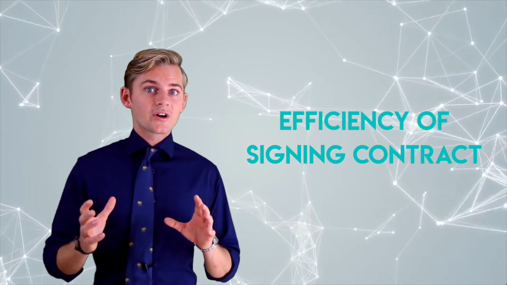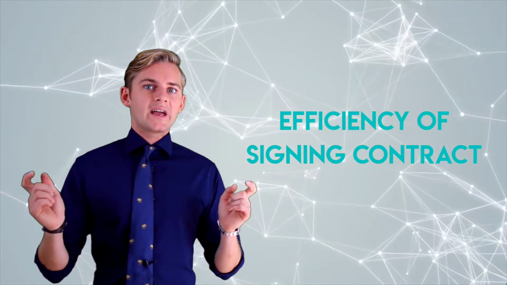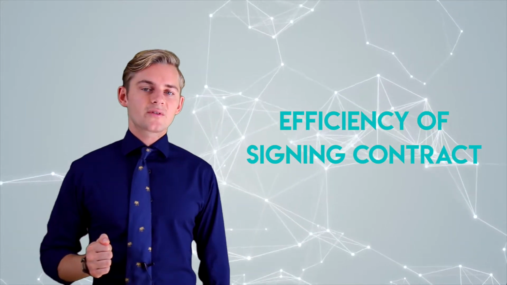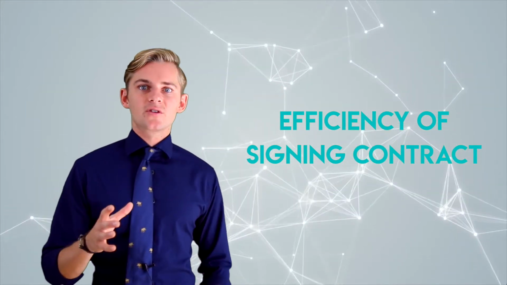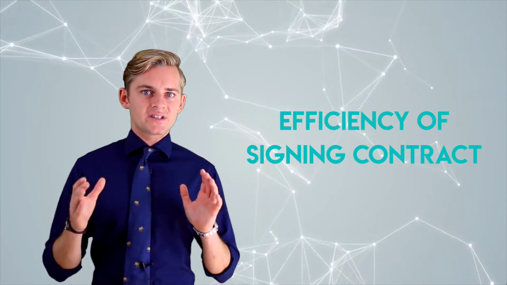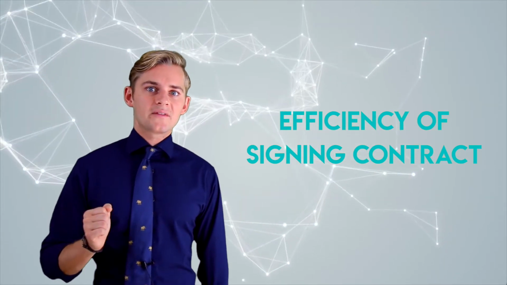However, with the blockchain and with the smart contract, you can just put it up on the blockchain, everybody goes in, signs off, and that's it. You don't need to send the physical contract around. Everybody can sign off in a very safe and efficient way. So this is one of the absolute most beneficial parts of having a smart contract.